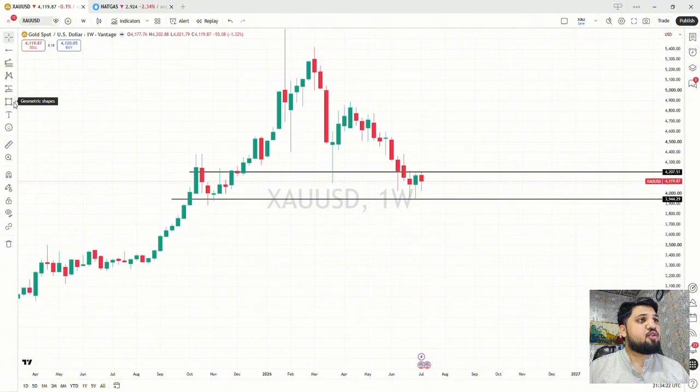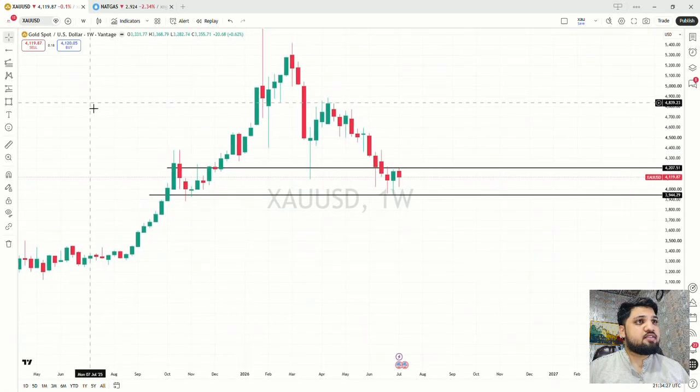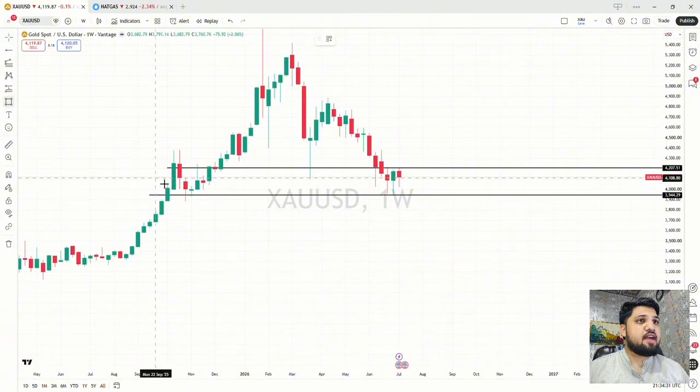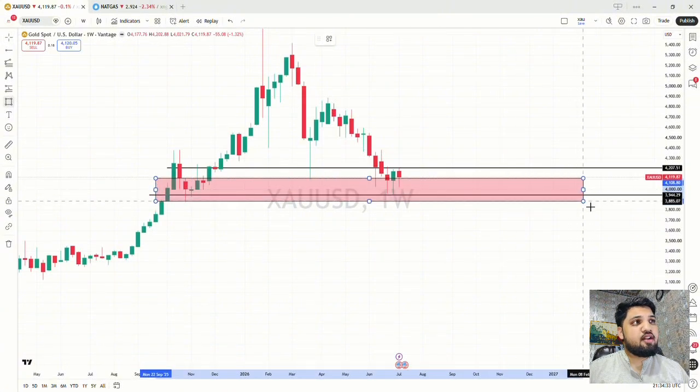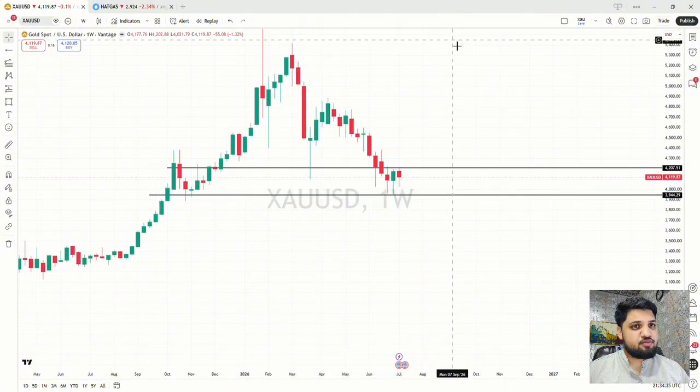In this scenario there is nothing extra, but I can see that there is an order block. This is acting as an order block, but we will talk about this order block after some time.